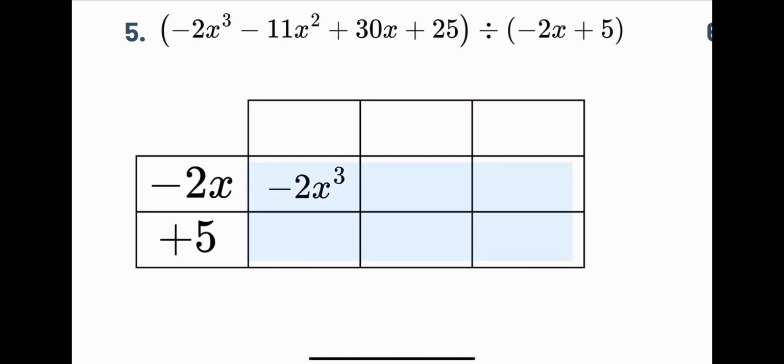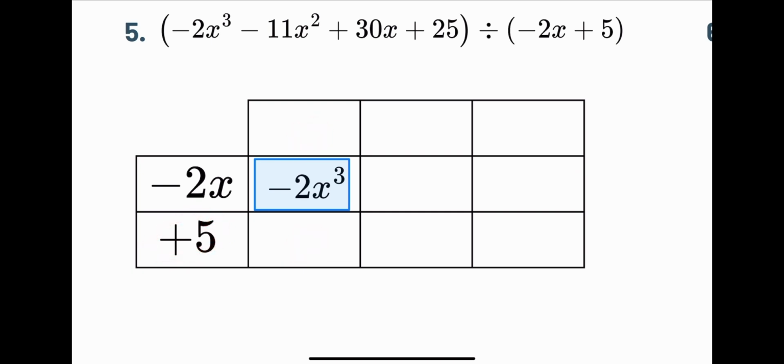So, for example, this box, negative 2x to the third power, comes about by multiplying this box times this box. Okay? So, this times this is this. This times this is this.